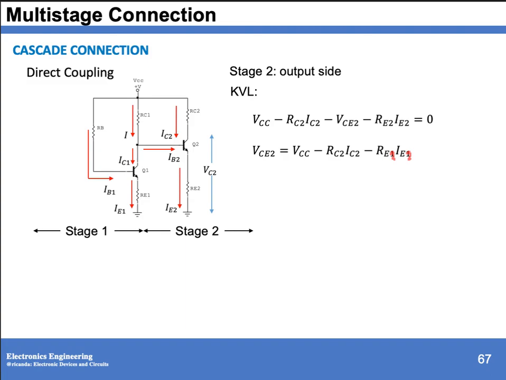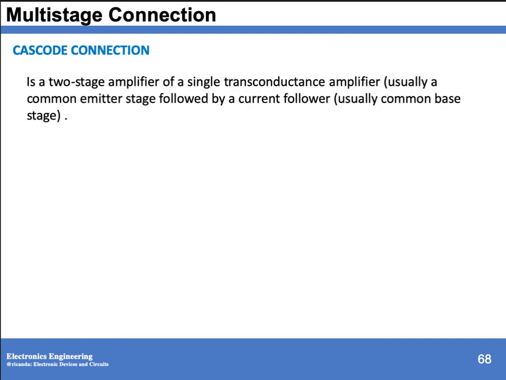And for your VC2, that is VCE2 plus RE2 IE2. For the cascade connection, it is a two-stage amplifier of a single transconductance amplifier, usually a common emitter stage followed by a current follower stage, usually a common base.